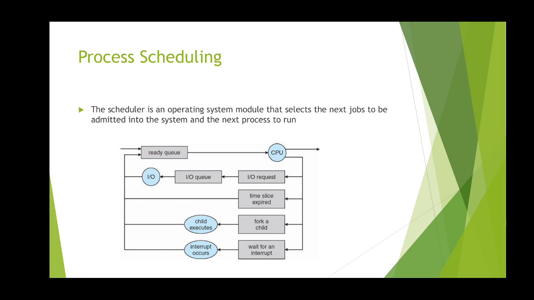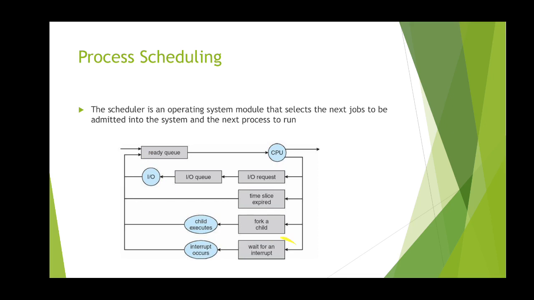And if the time slice given to the process is expired, it means that each process will be allocated a time duration for CPU execution, and if the time duration is expired, then it will also go back to the ready queue and wait for execution. Or if the process creates a child process, during that time the child will execute and the parent process goes to the ready queue and wait for execution.